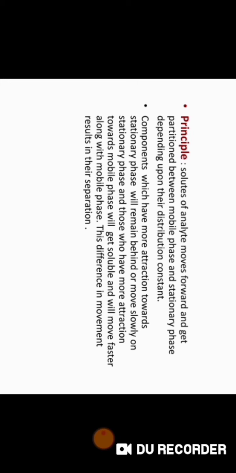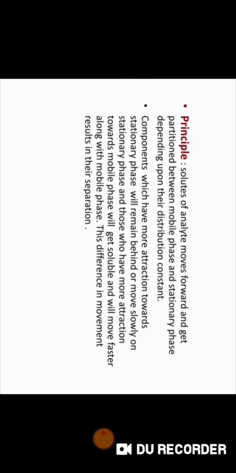So components which have more attraction towards the stationary phase will remain behind or move slowly on the stationary phase, and those which have more attraction towards the mobile phase will dissolve and move faster along with the mobile phase. This difference in movement results in their separation.